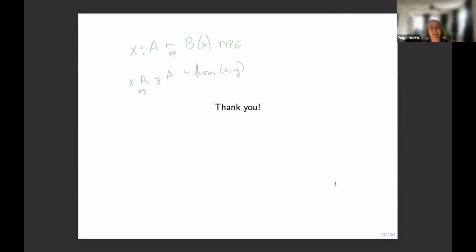But then you could imagine some type that depends on a whole bunch of variables, some covariant, some contravariant, which depend on each other in interesting ways. We could think of HOM X Y, the big sigma type, as a two-sided fibration. So we could think of not just spans, but things that look like spans but have many legs, some of which are op fibrations, some of which are fibrations.